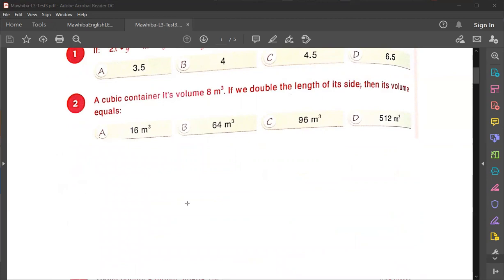A cube container, its volume is 8 meters cubed. If we double the length of its side, then its volume equals what? I have here the volume of a cube, it is 8, right?